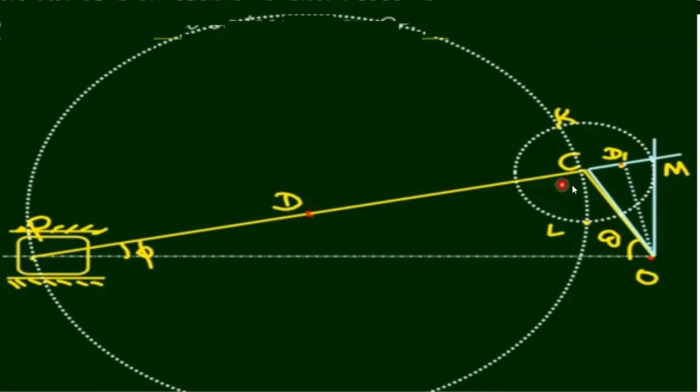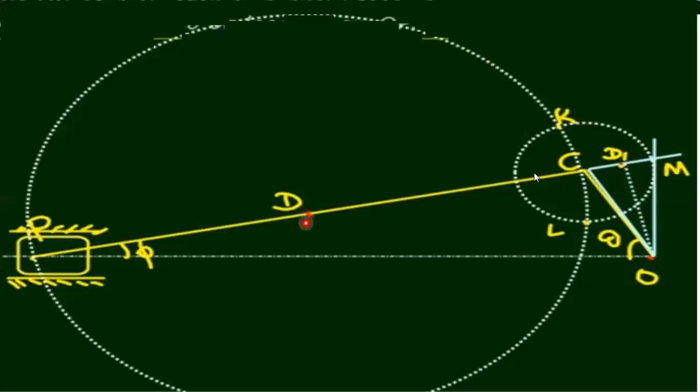Next, take the radius as CM. Take your compass with C to M as your radius. Draw a circle with center C. Next, place your compass at point D with CD as your radius. CD or DP, anything is okay.